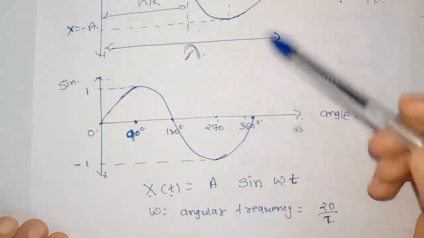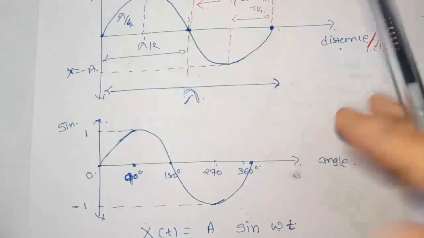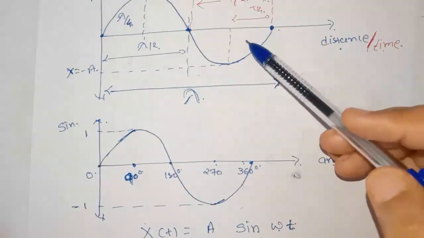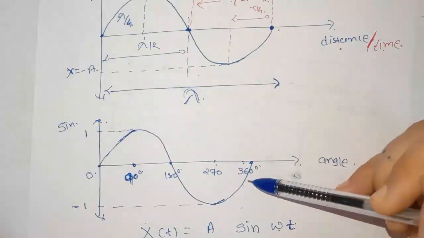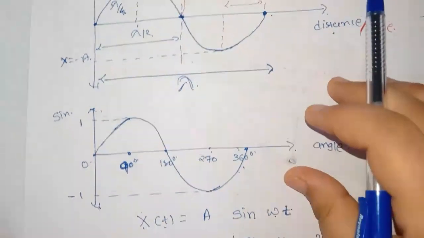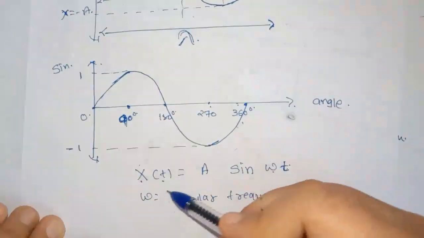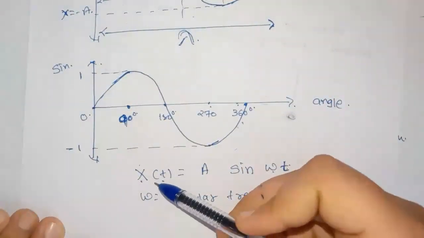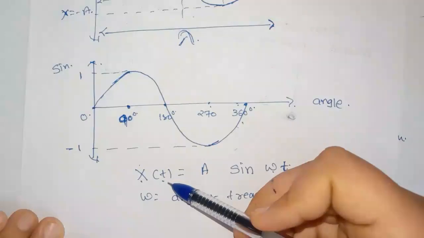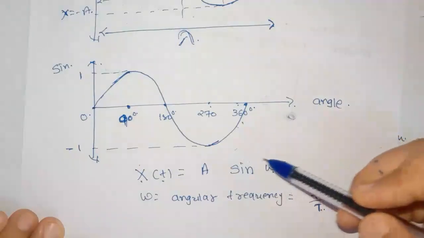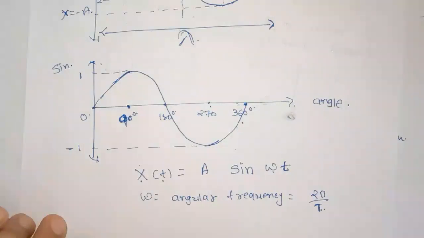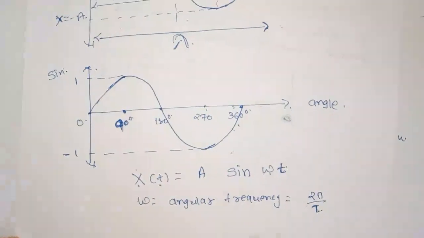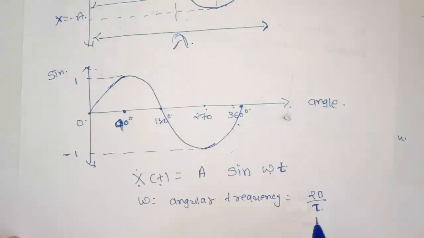So from these two graphs, we can say that the displacement time for a pendulum can be represented by the sine function. So x of t, that is position of pendulum bob at any time instant t, is equal to a sine of omega t. Here omega is the angular frequency, which is equal to 2 pi by T. Here T is the time period.